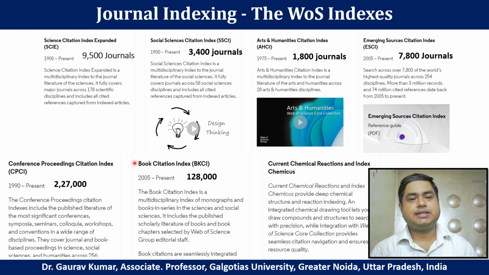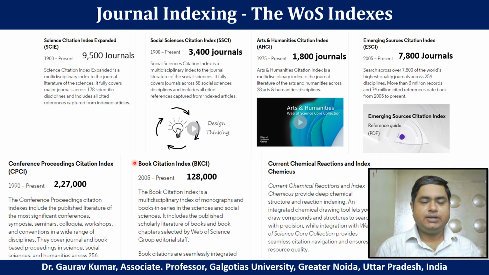Here I have listed the Web of Science indexes. You can see here that the Web of Science has several types of indexing services like Science Citation Index Expanded. It has more than 9,000 journals. The Social Science Citation Index also has more than 3,000 journals.